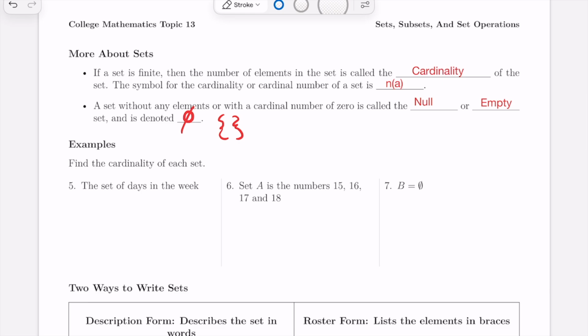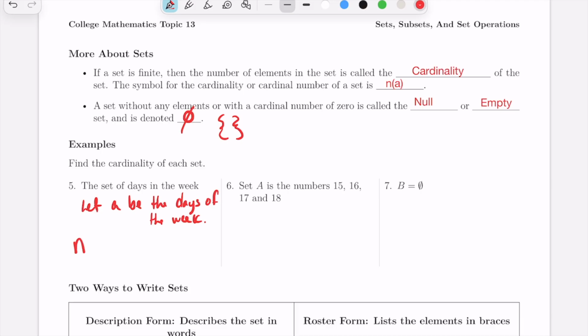Let's identify the cardinality of each set. So the set of days of the week, right? There is a couple ways I could do this. I do want to show you my notation up there. If I were to say, let A be the days of the week, then I might ask this, n of A is equal to, and then this is just how big is the set.